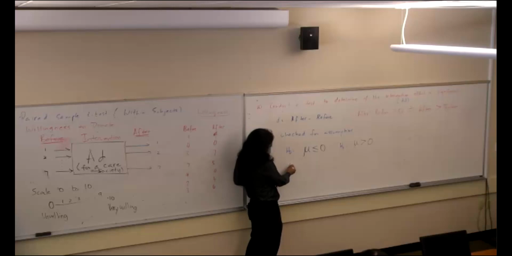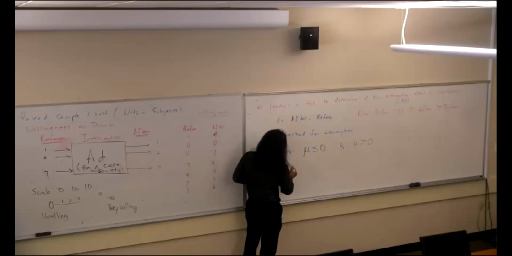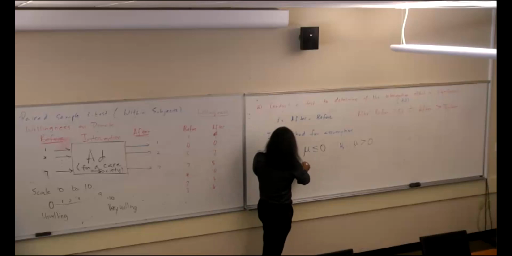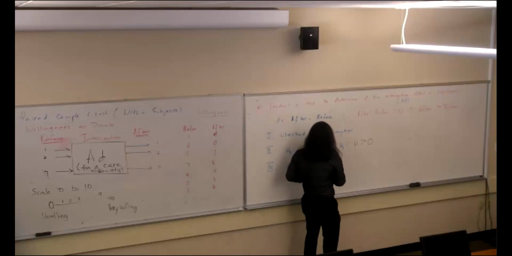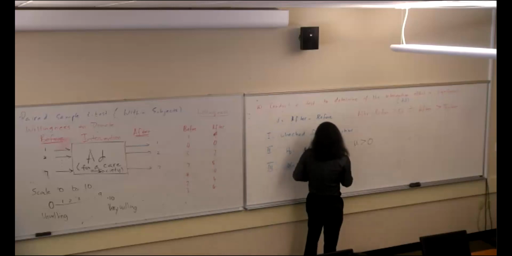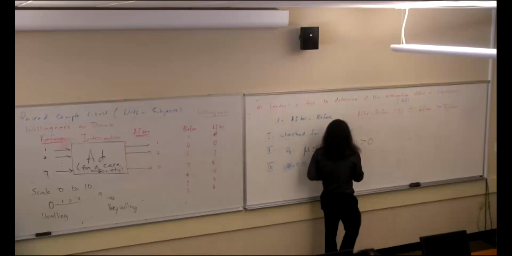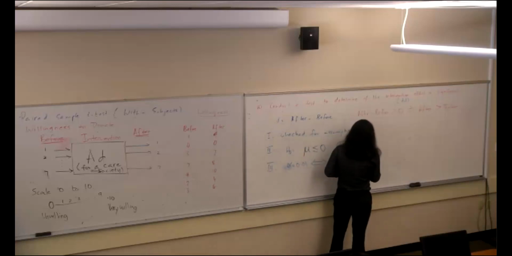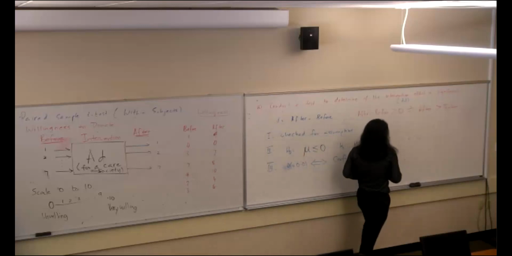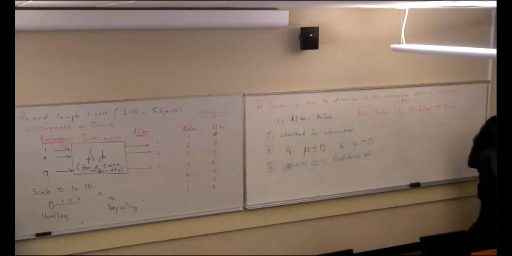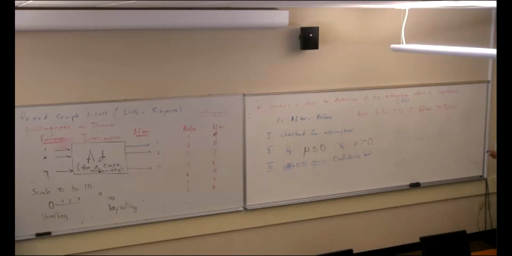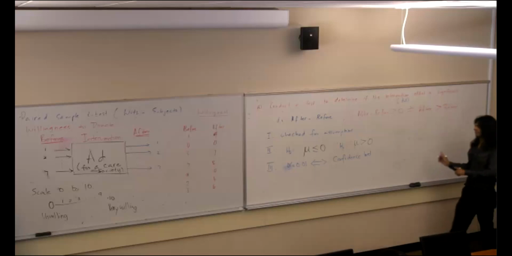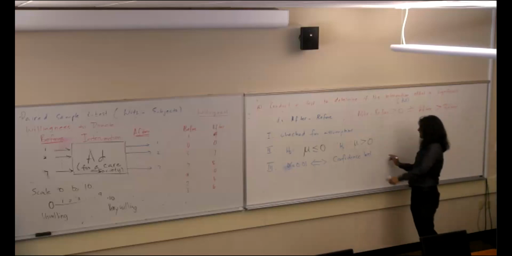Give me one. 0.01. If alpha is 0.01, what is the confidence level? 0.99, 1 minus that. Let's write that also.